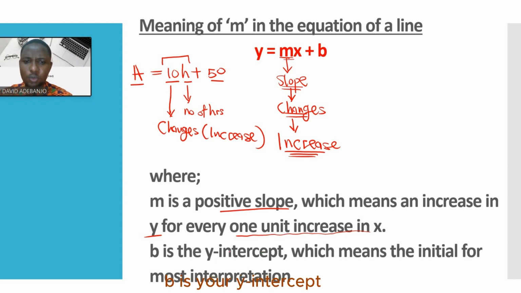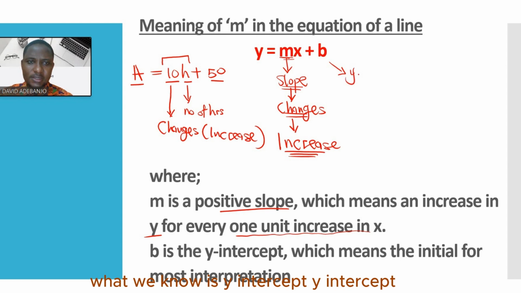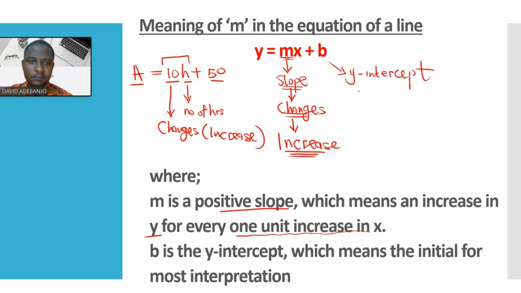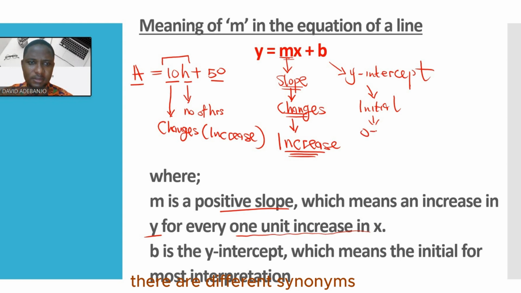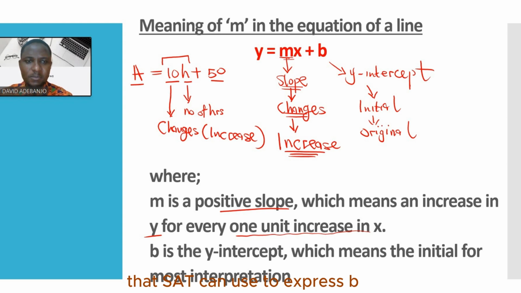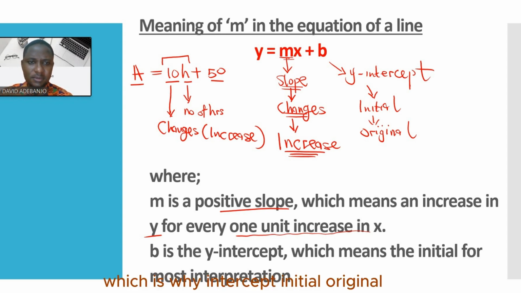B is your y-intercept, what we know as the y-intercept, which can also be called initial or original. There are different synonyms that SAT can use to express their B, which is the y-intercept: initial, original, what you have at first.